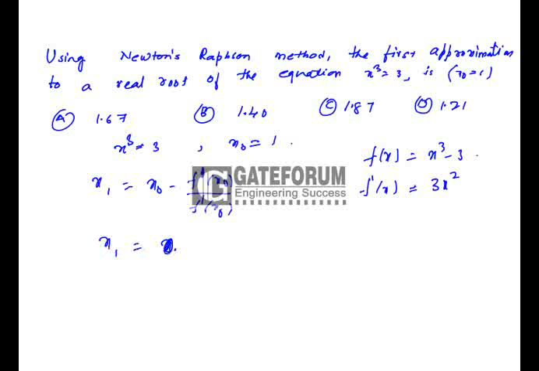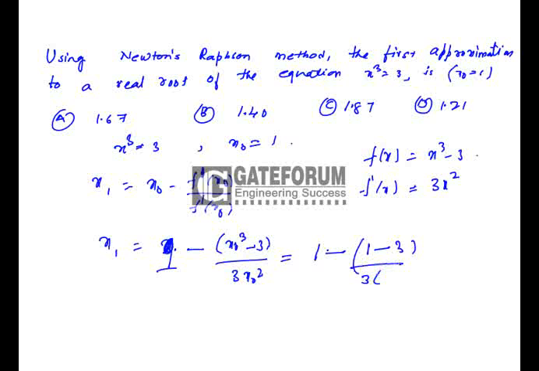So x1 is x naught minus (x naught cube minus 3) by 3 times x naught square. If we substitute the values, x naught is given as 1, so 1 minus (1 minus 3) by 3 times 1.